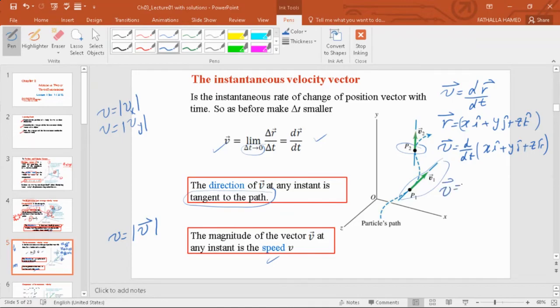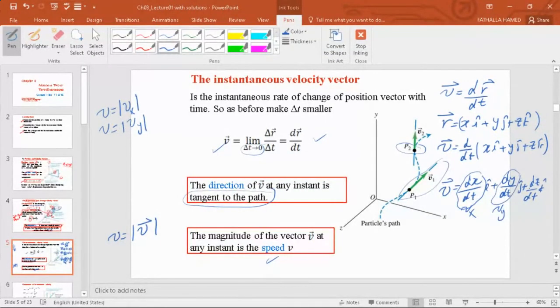So v here will be dx by dt i hat plus dy by dt j hat plus dz by dt k hat. This, of course, will be vx. This will be vy.